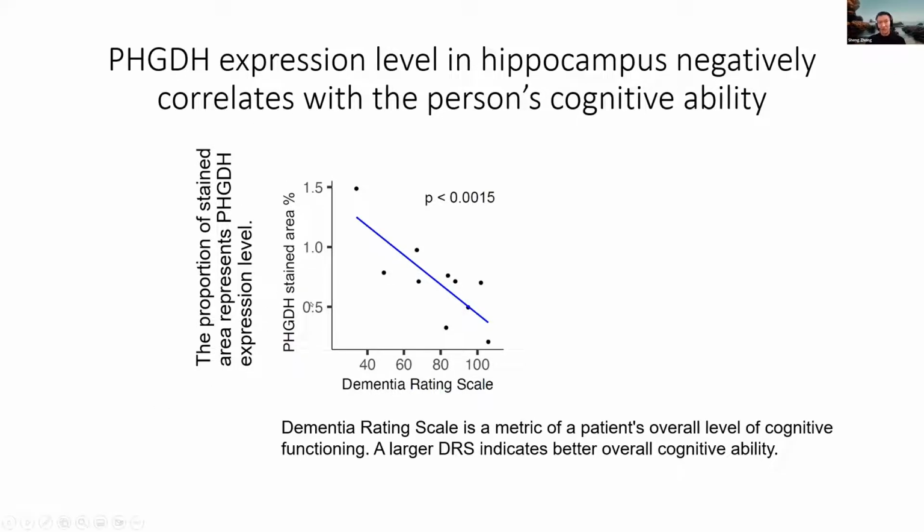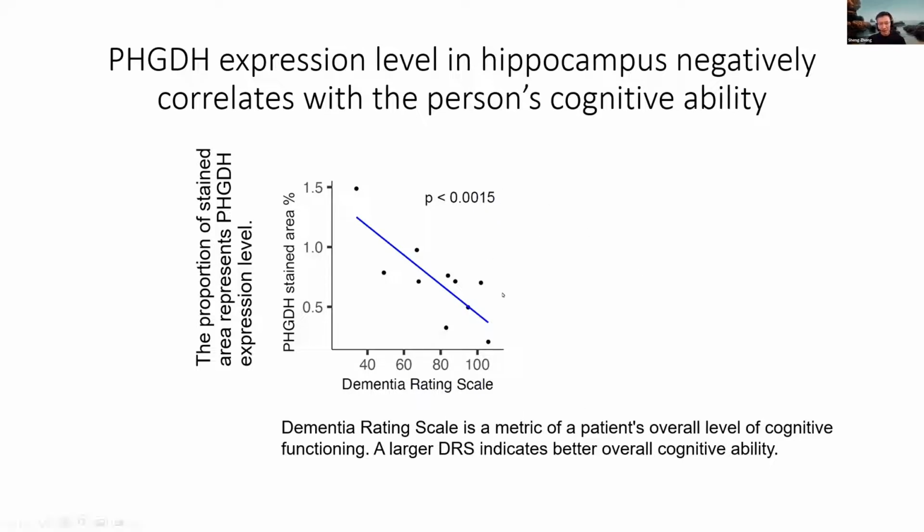Now, at least for those people whose brains we have, we can quantify their PHGDH protein level in their hippocampus. It turns out that these two measurements have a strong correlation. It's a negative correlation. The higher the molecular level of PHGDH in the person's hippocampus, the poorer the person's cognitive ability.